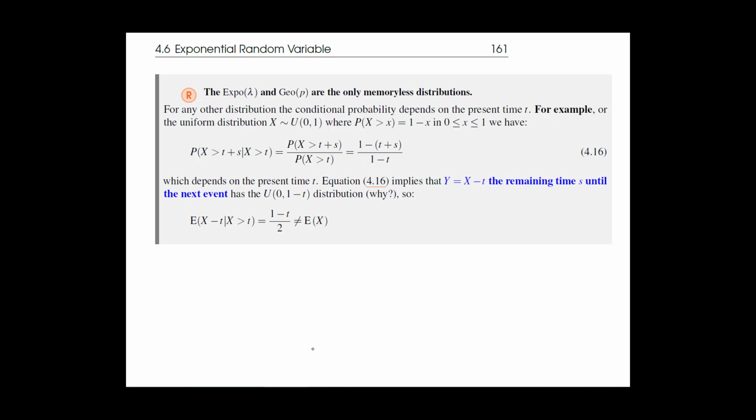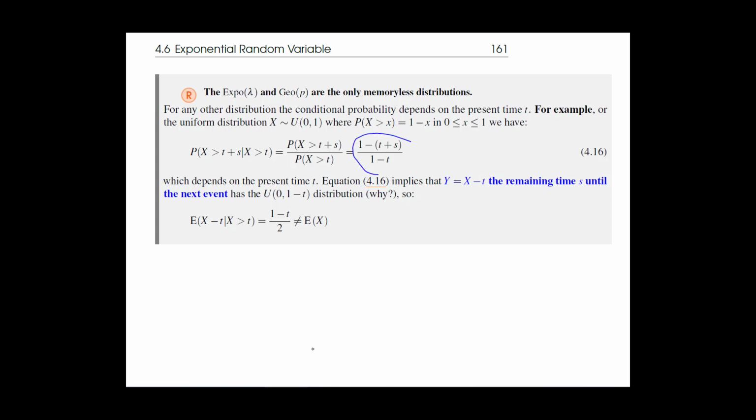Okay, so this remark right here says that the exponential and geometric are the only two distributions with this property. If you want to get an idea what happens with any other distribution, please go through this remark. I think it's illustrative. For example, you would get that t doesn't cancel out.